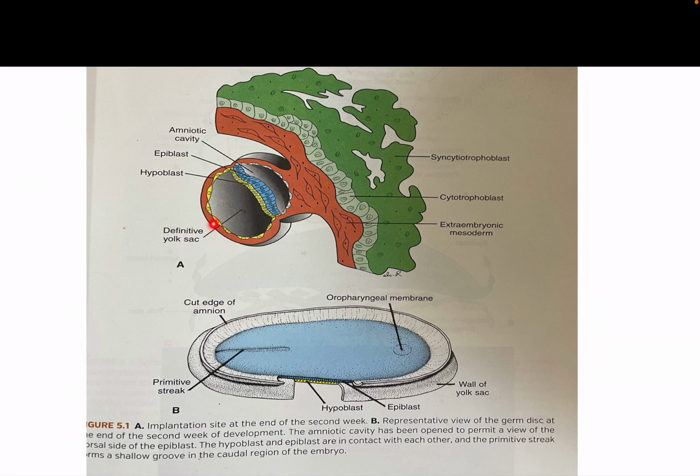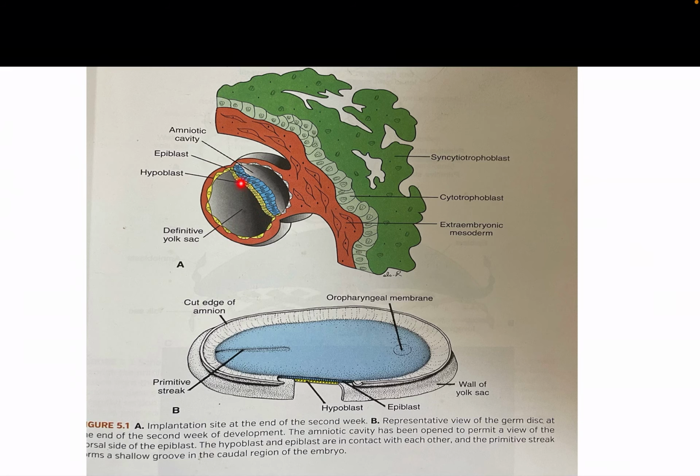This red surrounding is the extraembryonic mesoderm. This one is the secondary or definite yolk sac, and this yellow one is the exocoelomic membrane, which appears secondarily and forms the secondary yolk sac.